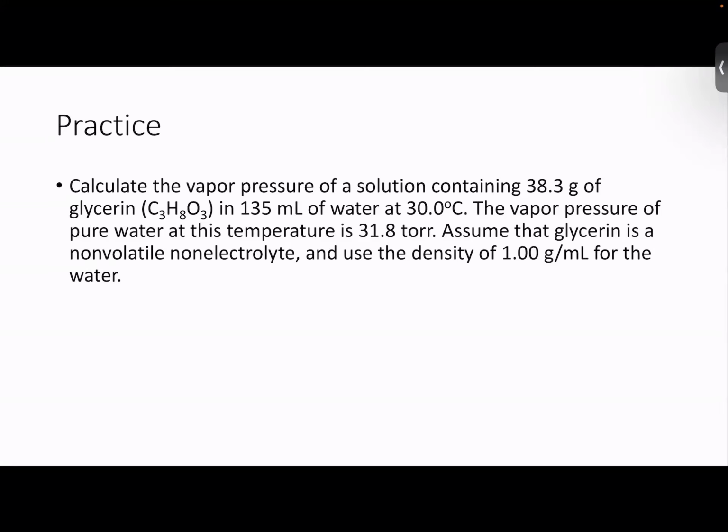Okay. So if I'm wanting the pressure of the solution, it is going to equal the mole fraction of the solvent times the pressure of the solvent. I know to use this equation because I am dealing with a non-volatile non-electrolyte. Now, I'm not always going to tell you it's a non-volatile non-electrolyte, so how are you going to know?